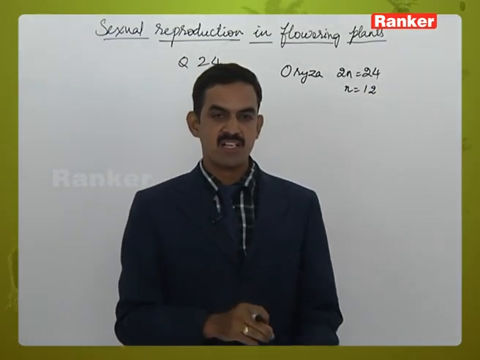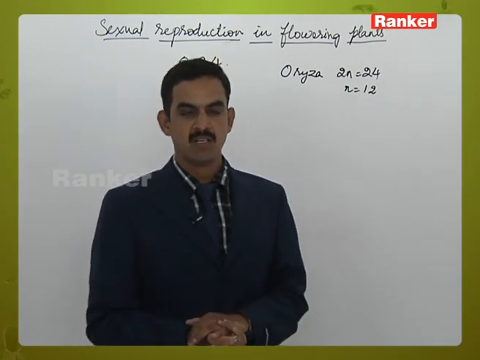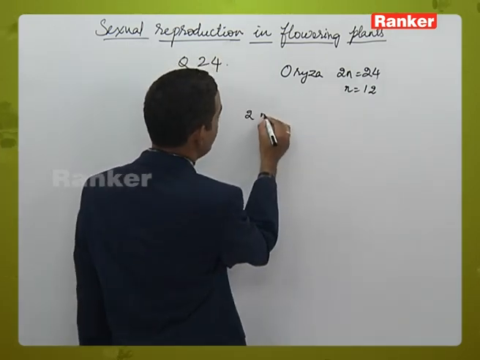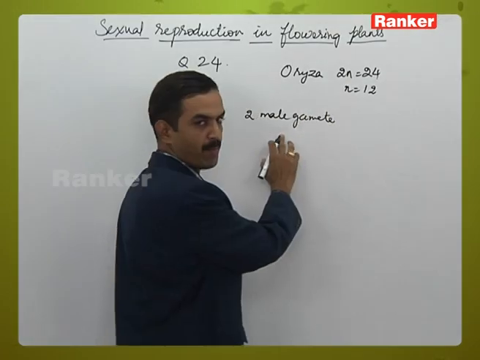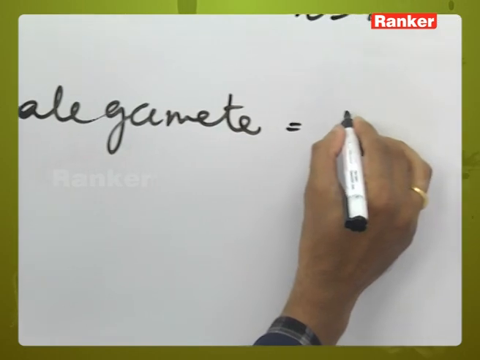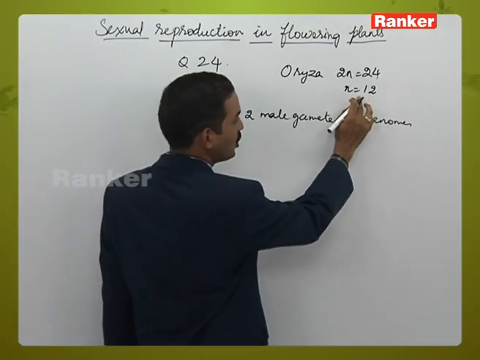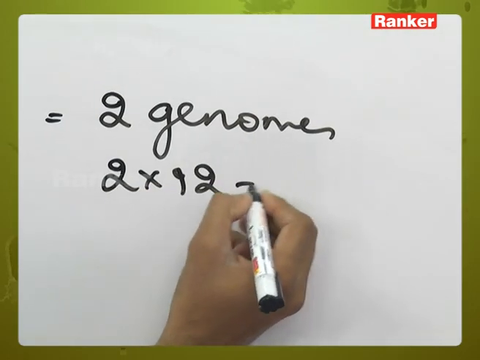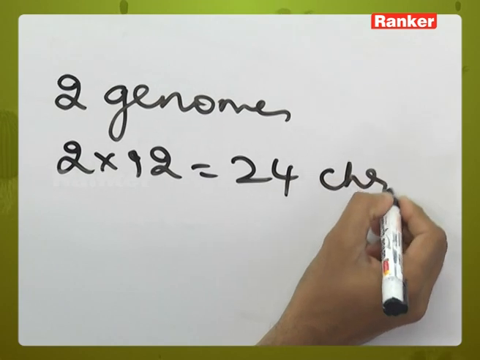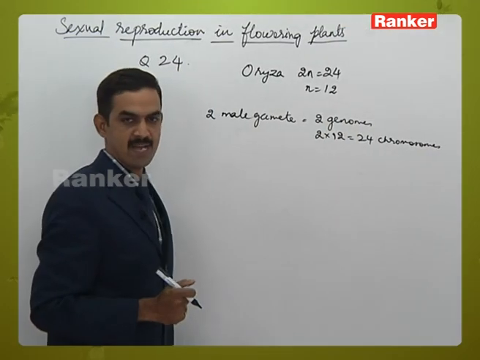Here the question is related to before fertilization, and it has 2 male gametes in it. We know that each male gamete is haploid, so 2 genomes are present. Each genome contains 12 chromosomes, so 2 into 12, it is 24 chromosomes in the 2 male gametes.